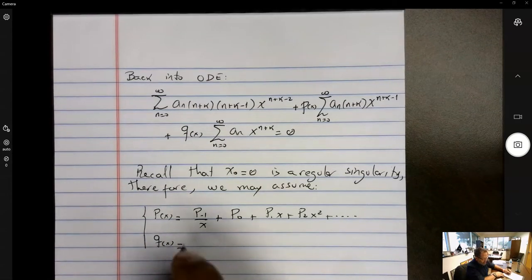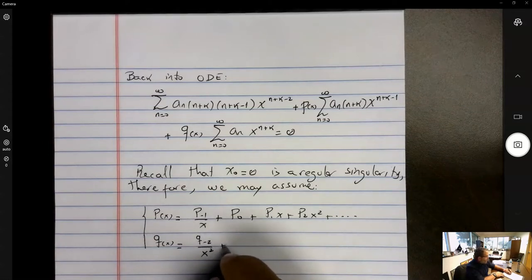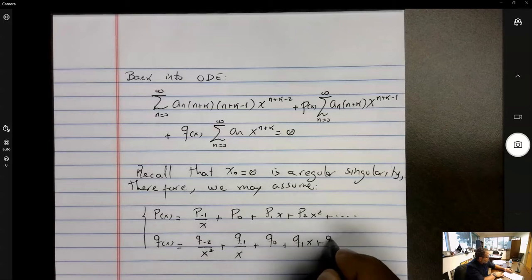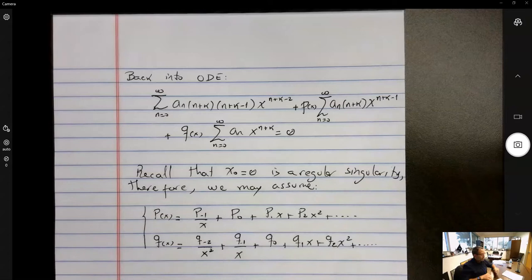And q(x), same thing, but q(x) has a singularity that is removed by a second order polynomial, so I can just say that this goes like this, plus q0 plus q1 x plus q2 x squared plus so on and so forth, right? So one is a function that has a single order singularity, and the other one is a function that has a second order singularity, and therefore we can expand those functions that way.